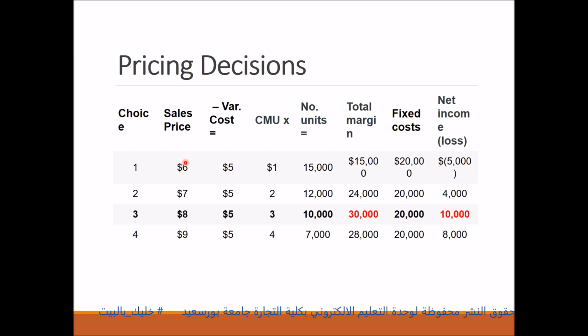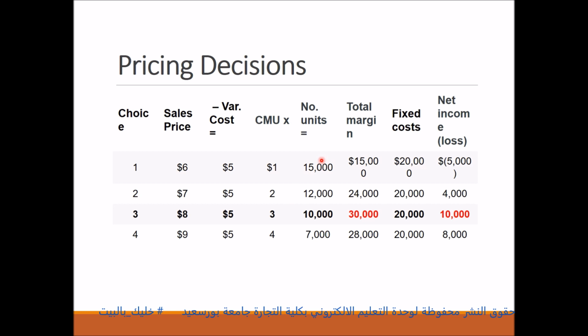We have four options, either to sell the product at $6, $7, $8, or $9. Variable cost per unit will be the same under each option. It will be $5. Contribution margin per unit is the difference between selling price per unit and variable cost per unit. It will be different under each option. It will be either $1, $2, $3, or $4.